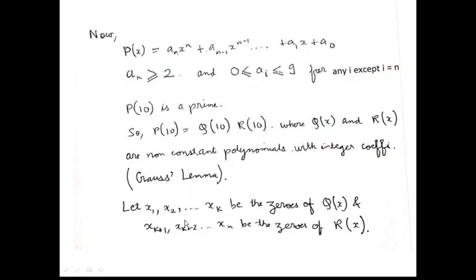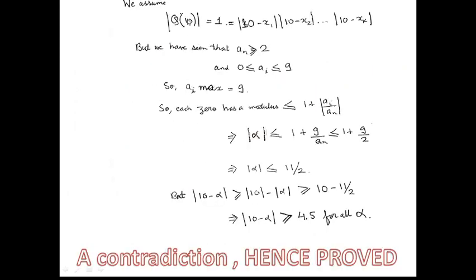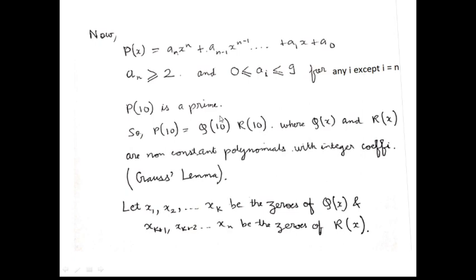Then let the zeros of q(x) be x1, x2 up to xk, and those of r(x) be x(k+1), x(k+2) up to xn. Now p of 10 is a prime, so it has only the prime itself and 1 as factors.